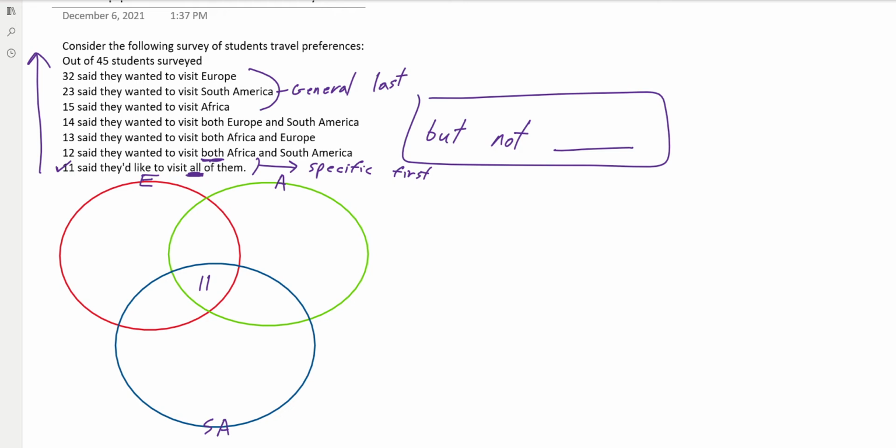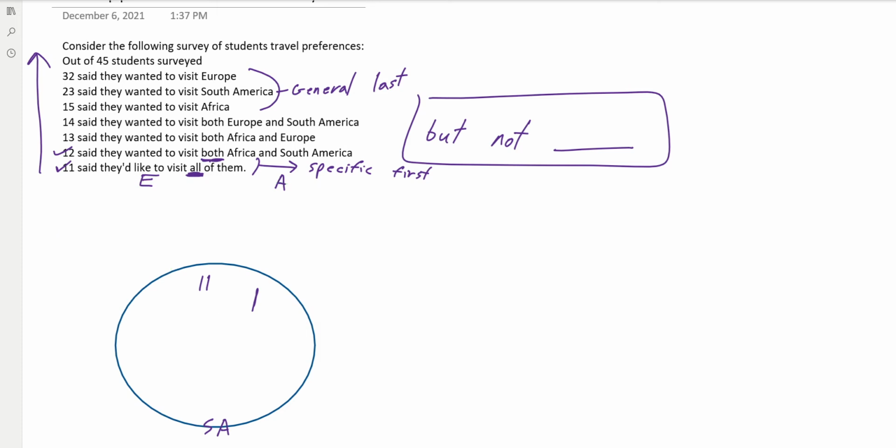Now, if 11 wanted to do all of them and 12 wanted to do both together, then that just has to add up to 12. So 11 plus 1. Next we have Africa and Europe. Africa and Europe is this part.